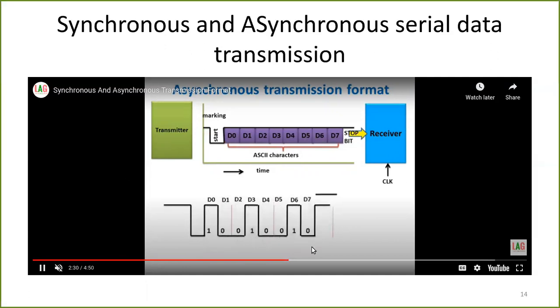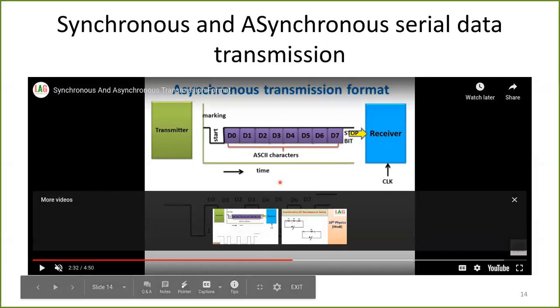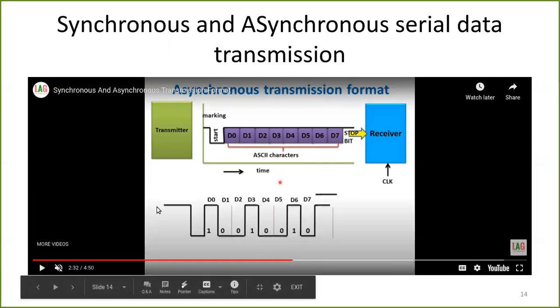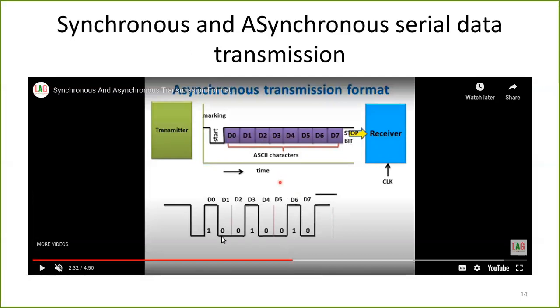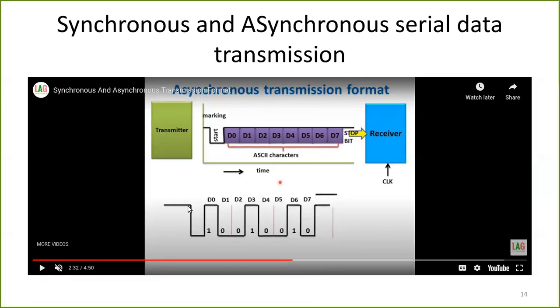So here we have an example. Initially we have taken a small data of size 8 bits, that is an ASCII character, 10010010. Initially, if the receiver is receiving only logic high, or only mark, then it understands that it will not receive any data.